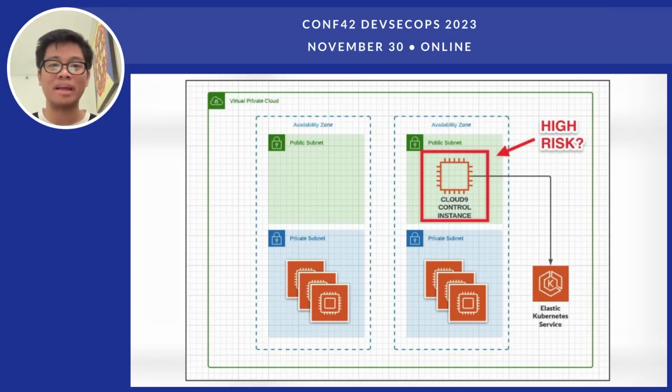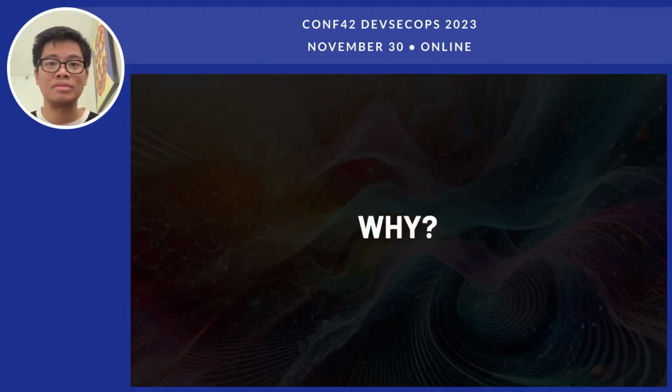Unfortunately, the problem there is that server is tagged as high risk, because for one thing, it's in the public subnet. If that gets compromised, then anyone who has access to that server would technically be able to perform anything in that cloud environment.